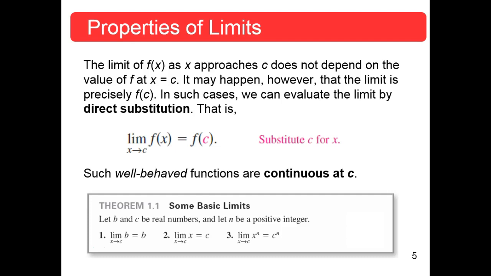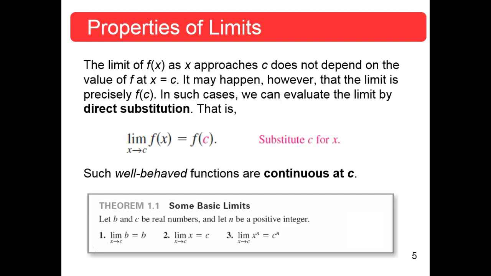If f of x equals b is your function, what is that function? A constant function, right? So if x is -7, it's b. If it's positive 12, it's b. If it's pi halves, it's b. If it's 0, it's b. So in other words, the limit of a constant function is whatever its value is, no matter what x is approaching.